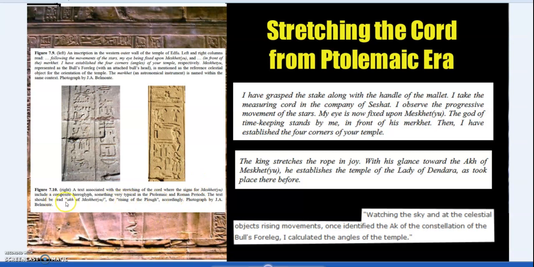The text should read Ark of Meskhetiu and the rising of the plough accordingly.